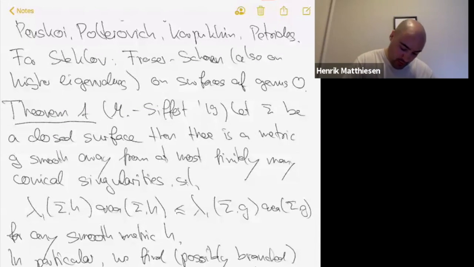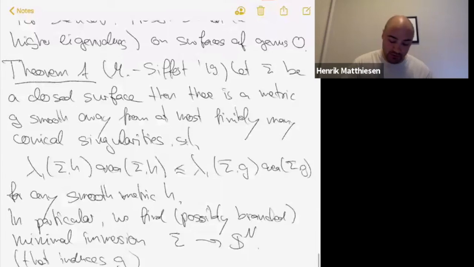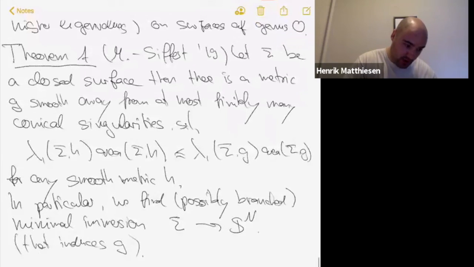Then there is a smooth metric g on Sigma such that we maximize Steklov, so such that sigma 1 of (Sigma, h) times the length of the boundary with respect to h is at most the corresponding quantity for g, for any smooth metric h.